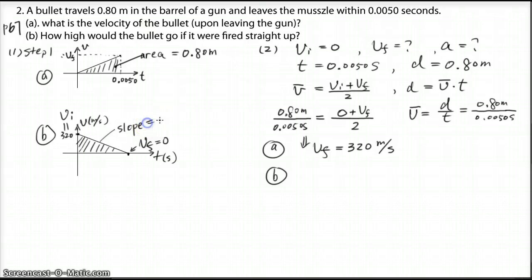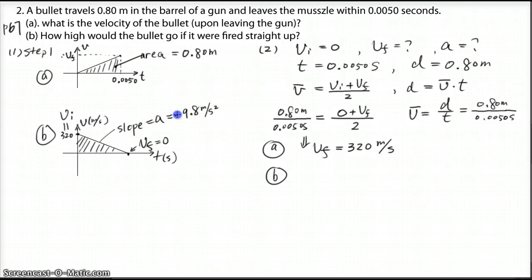The slope equals acceleration, and for free fall, when something is in the air, it always has an acceleration of 9.8 meters per second squared. The slope here is going to be negative.